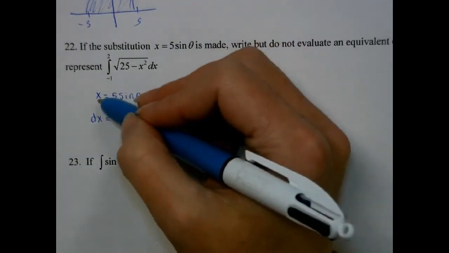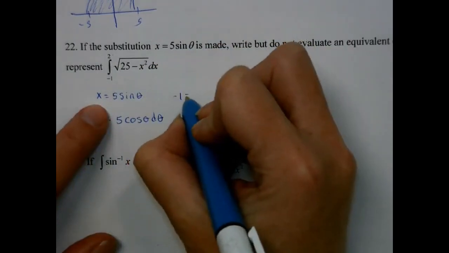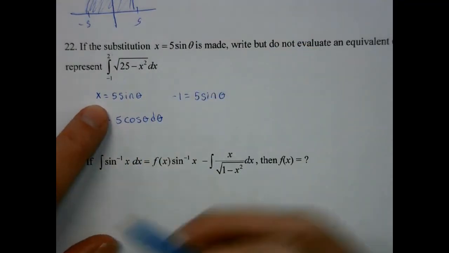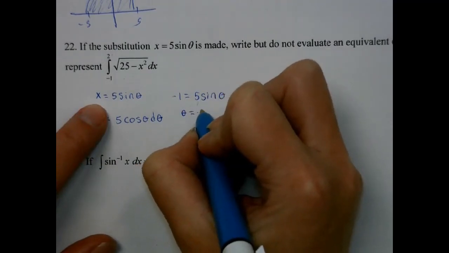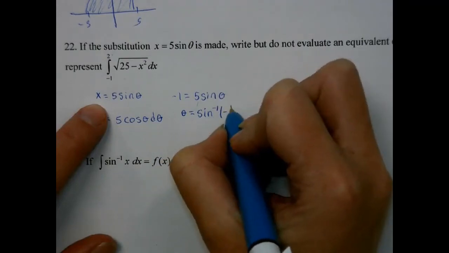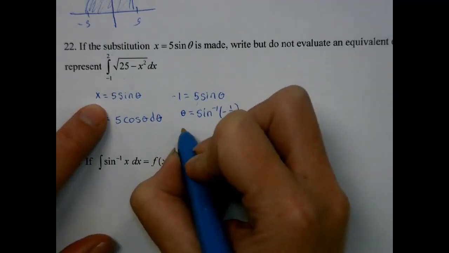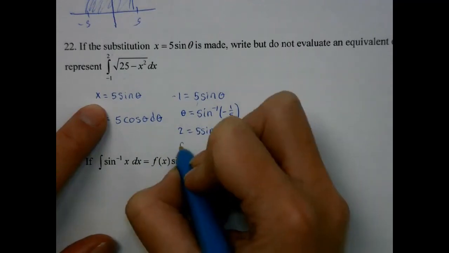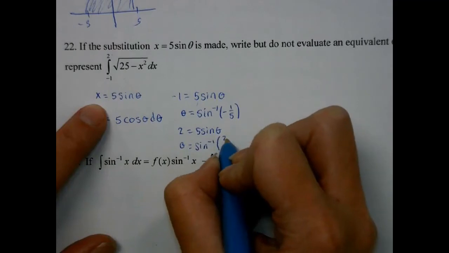My new limits of integration, we need to plug these in for x. So negative 1 equals 5 sine theta, and solve for theta. So divide by 5 and take the sine inverse. And since that's not a unit circle value, we'll leave it. My other one, 2 equals 5 sine theta. Means our upper bound is going to be the sine inverse of 2/5.